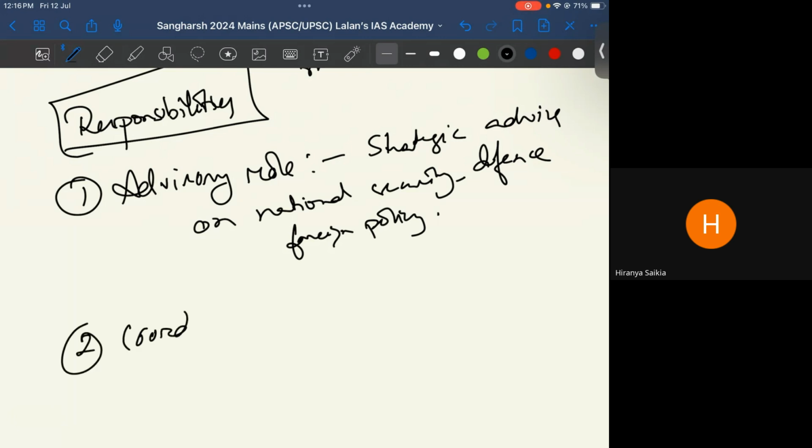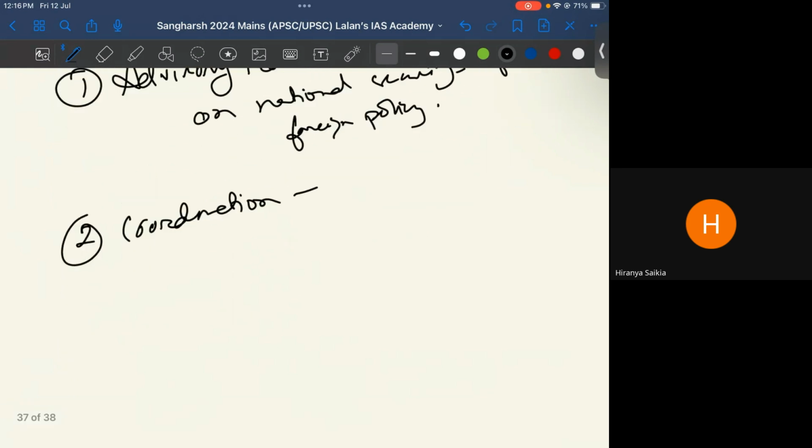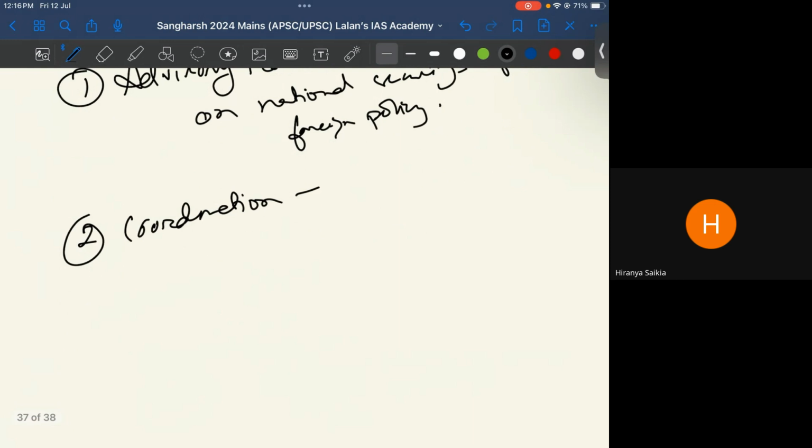Second is coordination. So coordination among agencies, intelligence agencies, military, law enforcement, IB, even police. Third, you can say policy making or policy formulation.